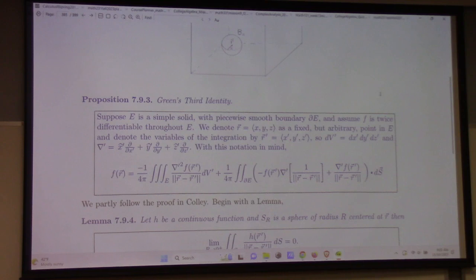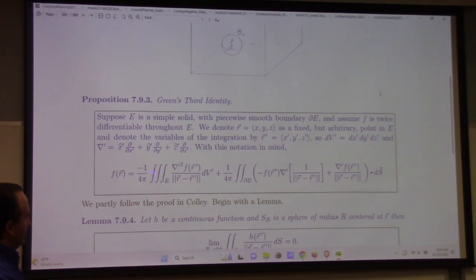Now, that brings you to Green's third identity. If you have a twice differentiable function and you introduce derivatives with respect to the prime variables like so, you can build this identity for the function.